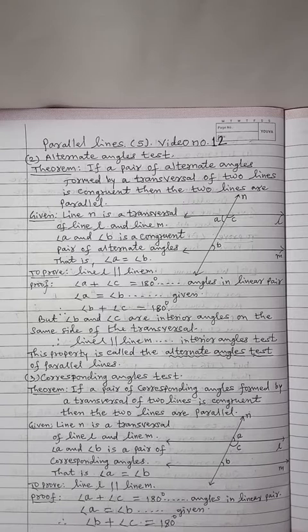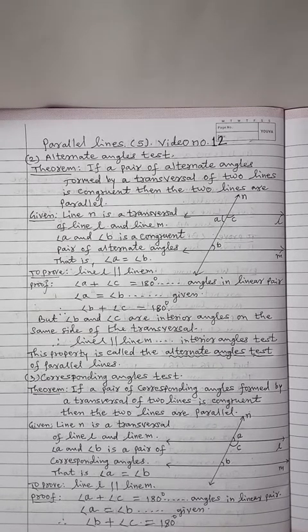What is that test? If the interior angles formed by a transversal of two distinct lines are supplementary, then the lines are parallel. That is the interior angles test for parallel lines.